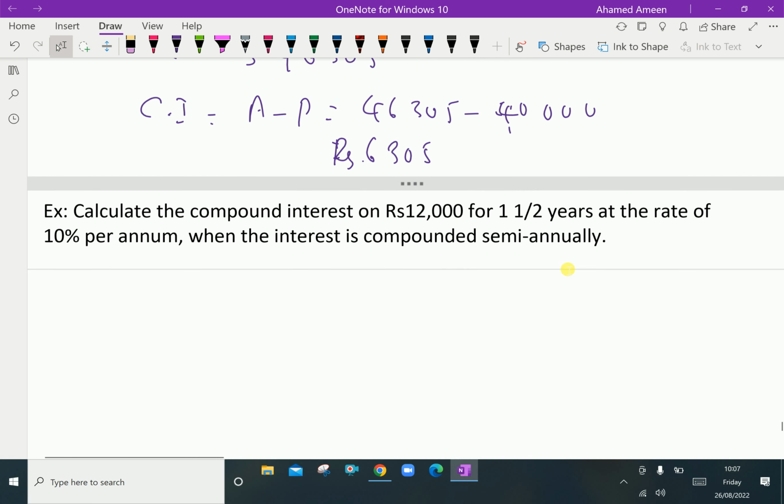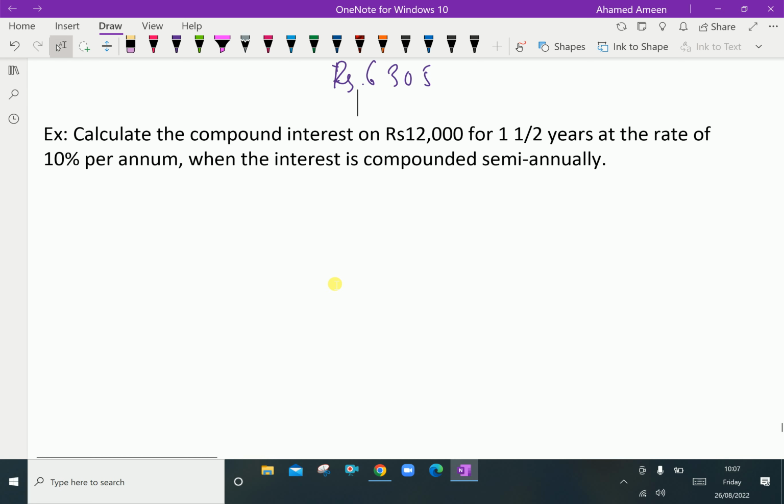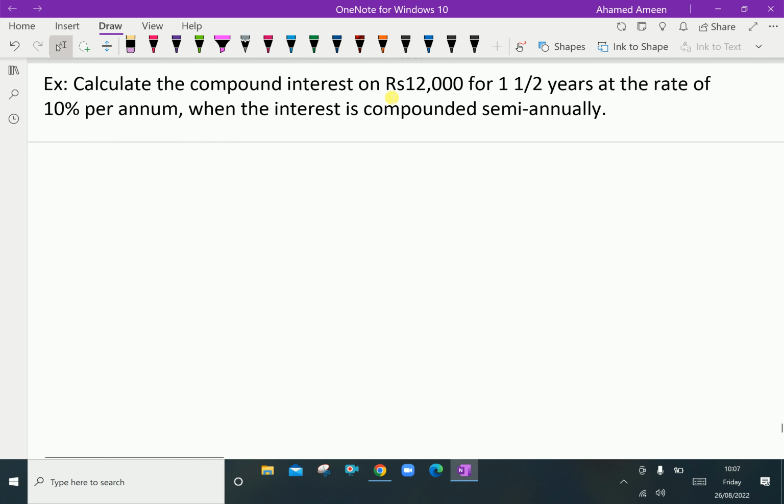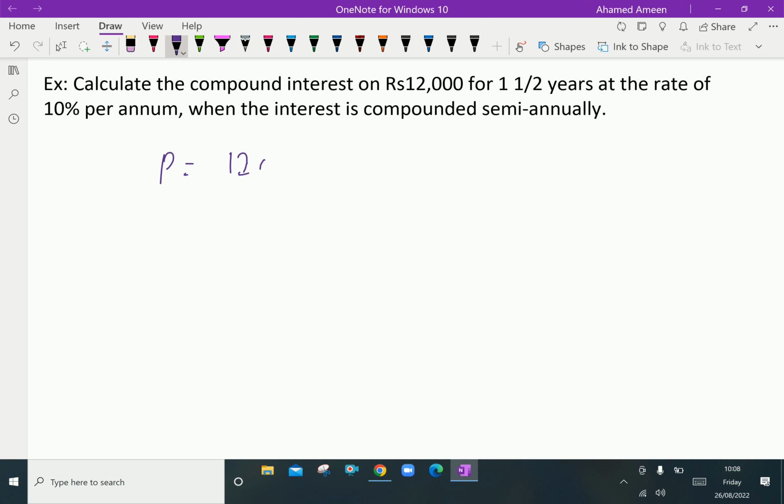One more question. Calculate the compound interest on rupees 12,000 for 1.5 years at the rate of 10% per annum when the interest is compounded semi-annually. Semi-annually means they calculate interest 2 times per year. Your principal amount P equals 12,000 and time is 1.5 years.